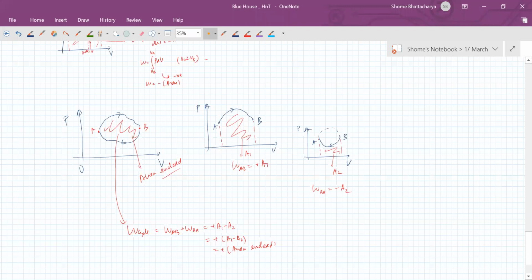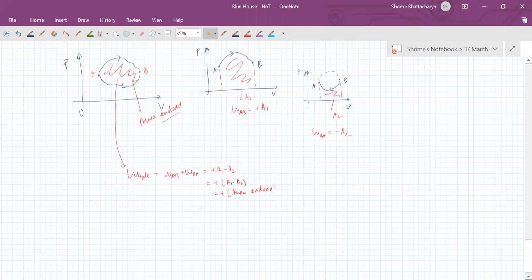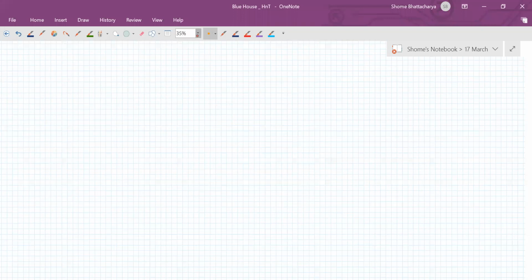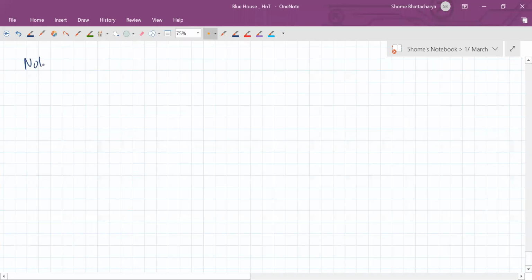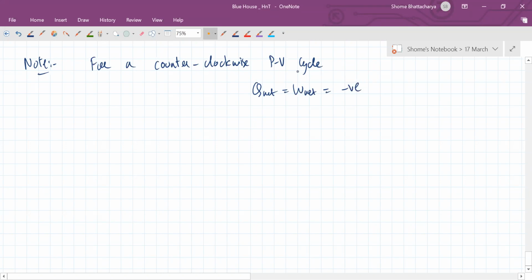Okay, so I think this part is clear. Let's move on to the anti-clockwise type of cycles. For a counterclockwise cycle, this becomes a negative quantity.